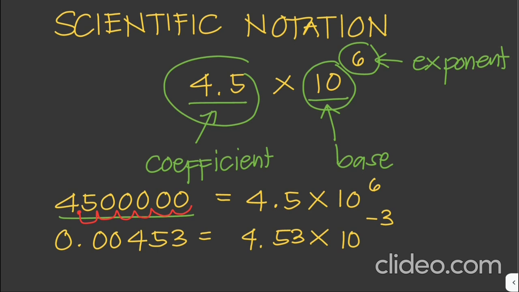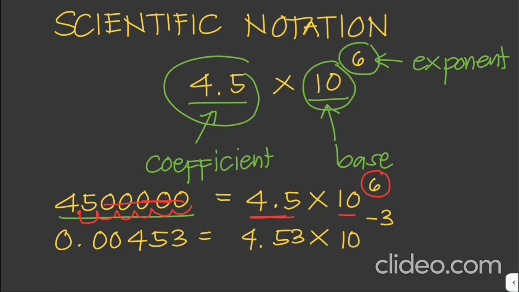Since we moved 6 times to the left, the algebraic sign of our exponent will be positive, and we write how many times we moved our decimal point. So we moved it 6 times, therefore the exponent of our base is 6, multiplied by the coefficient, which is 4.5. We can just neglect the zeros here in writing our scientific notation.